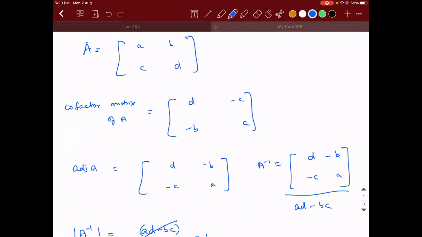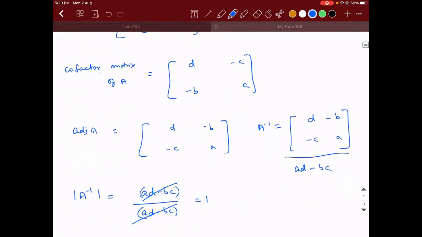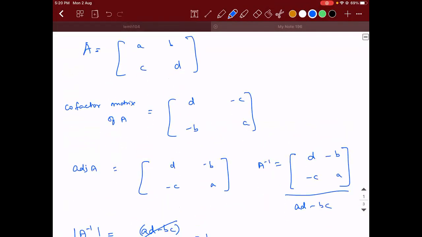I took the transpose. So A inverse is equal to d, minus b, minus c, a. See, if it should have been 1 by determinant of A, then this should have been 1, but it is not coming out.